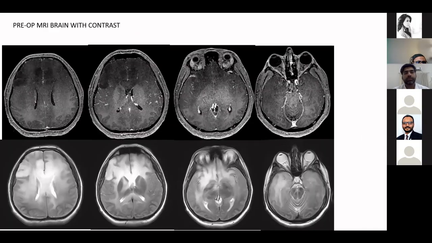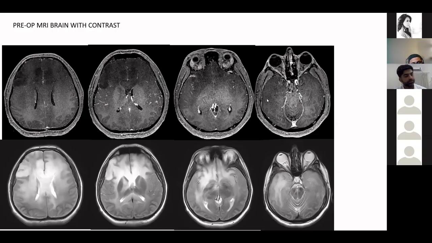Next slide, please. So this is the pre-op MRI brain. I'd like radiology to comment on the scans, please. Dr. Shayan, if you can. These are limited images. The top row is a post-contrast T1 sequence. I think I should interpret the lower row first. These are T2-weighted sequences.